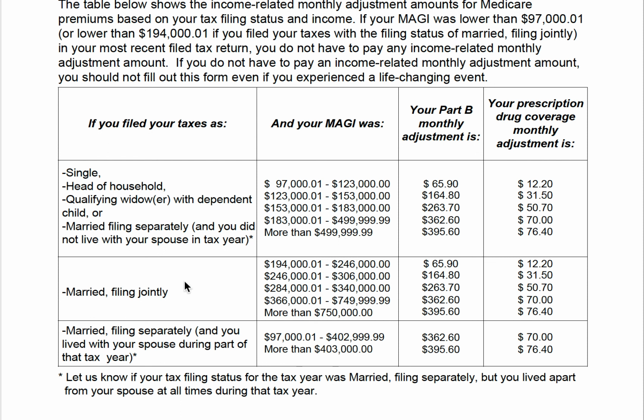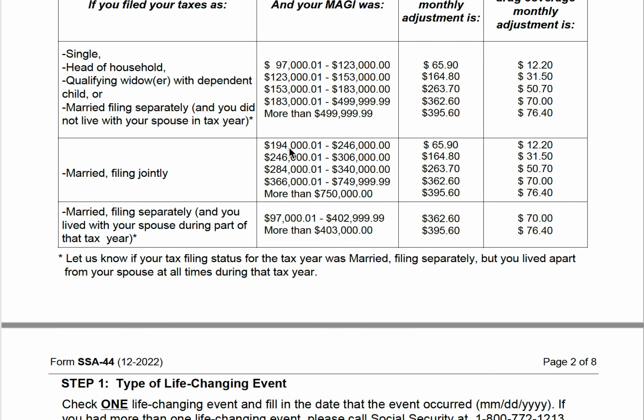And as you can see, these are the current rates for your Part B and then your prescription drug coverage, which is Medicare Part D. And these are the rates as updated in 2022.